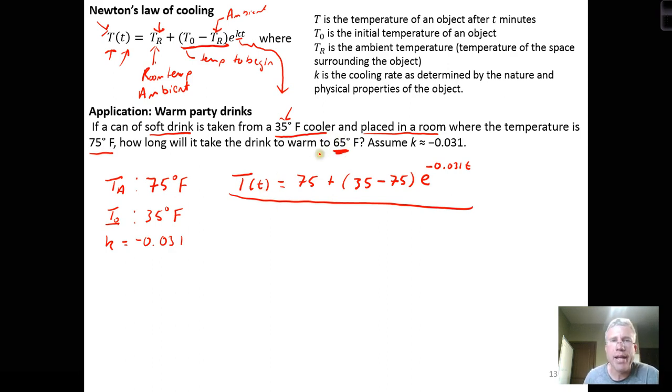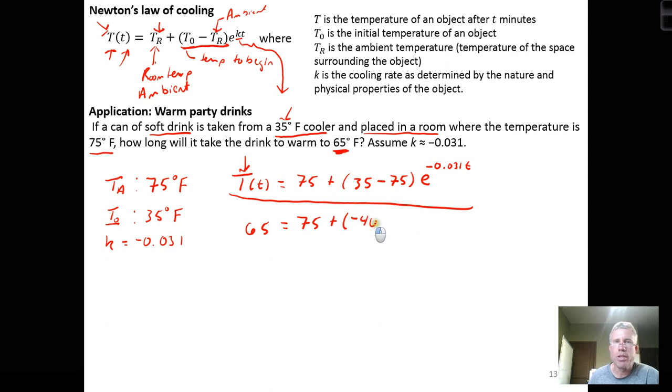So to figure that out, we're going to need to replace T, temperature, with 65 and set it equal to 75 plus 35 minus 75, so we probably should do that subtraction. That subtraction is going to be what?